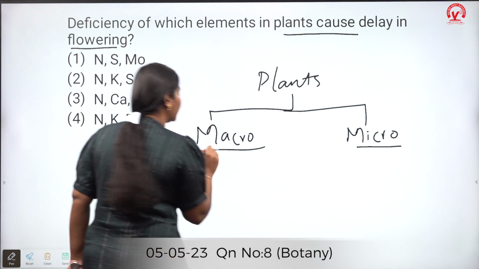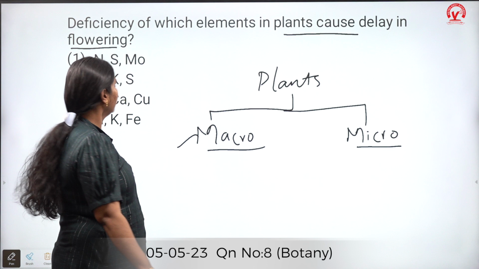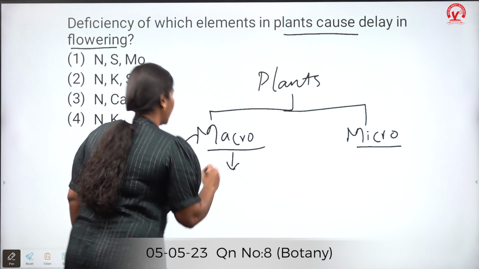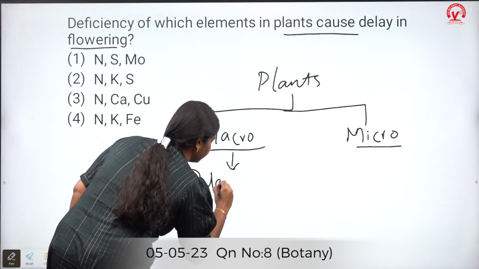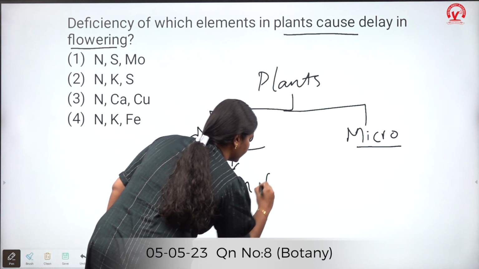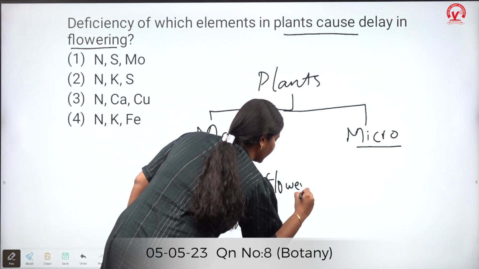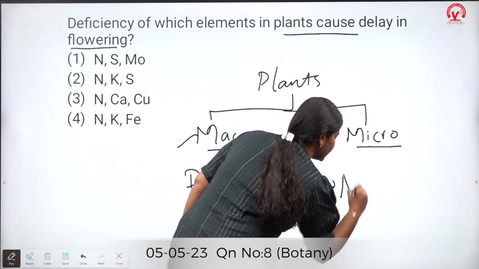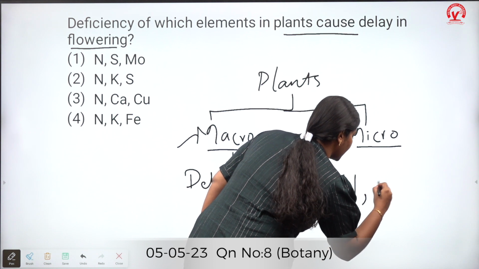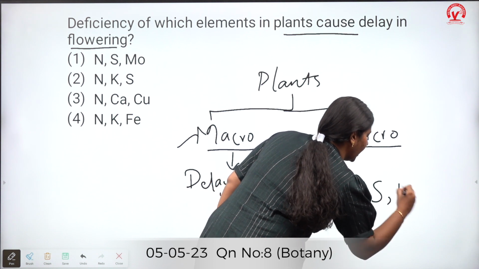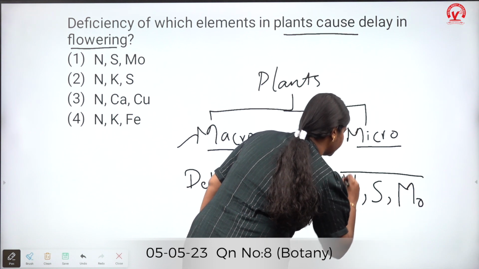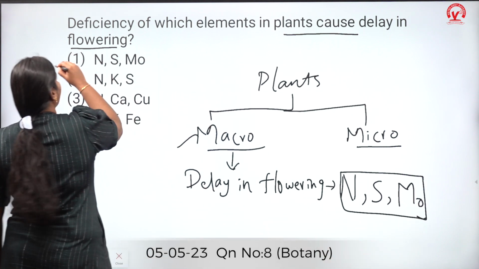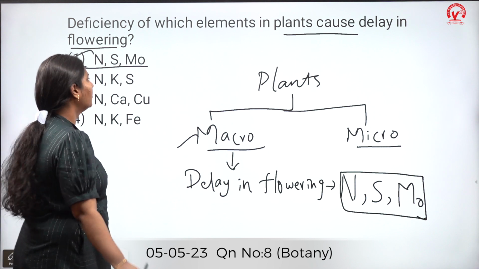Deficiency of these nutrients leads to diseases in plants. Delay in flowering is caused by the deficiency of elements such as nitrogen, sulfur and molybdenum. So the correct answer for this question is nitrogen, sulfur and molybdenum.